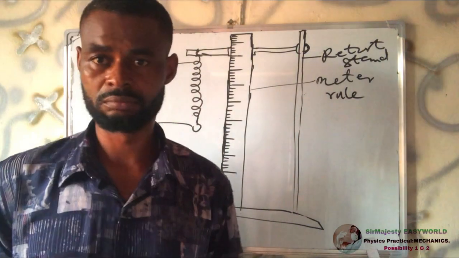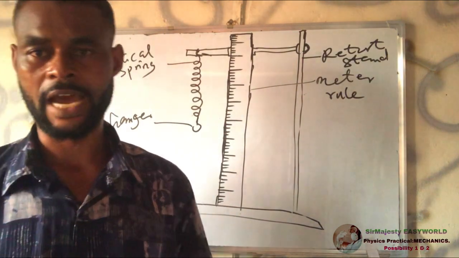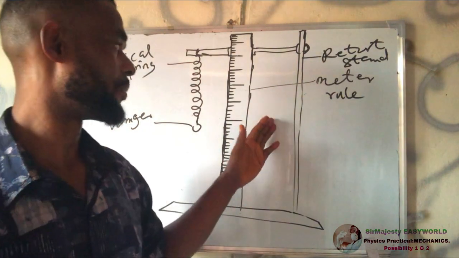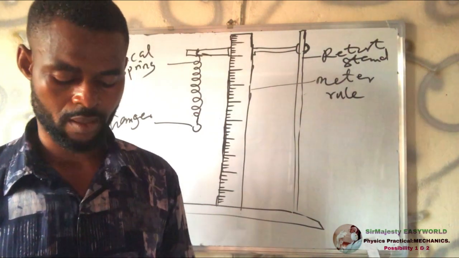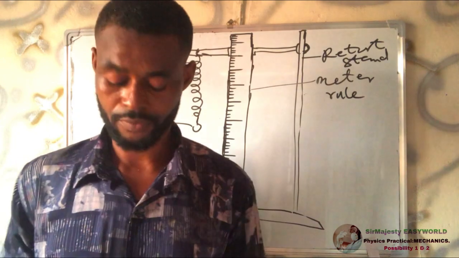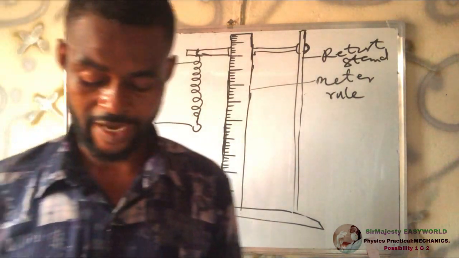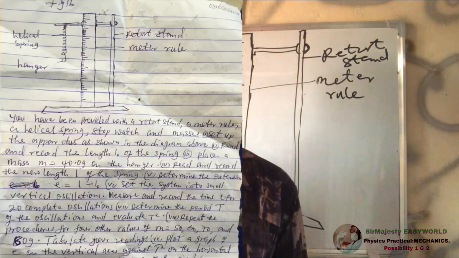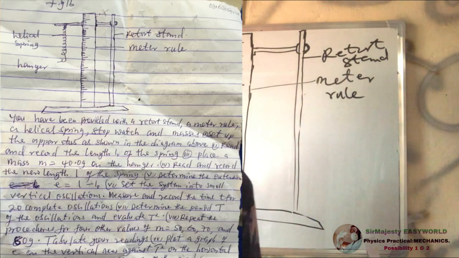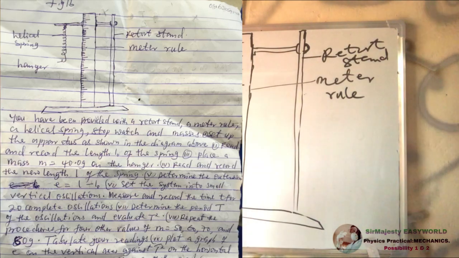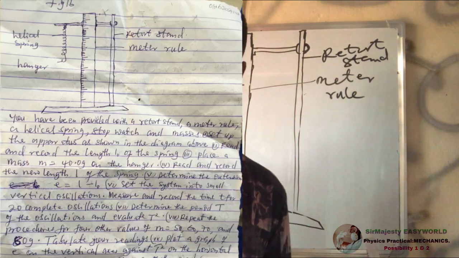So let us now give you the question and the guide on what to do with this apparatus, as indicated in the diagram on the board. We start with the question. You have been provided with a retort stand, as you can see on the screen, a metre rule, a helical spring, a stopwatch, and masses.